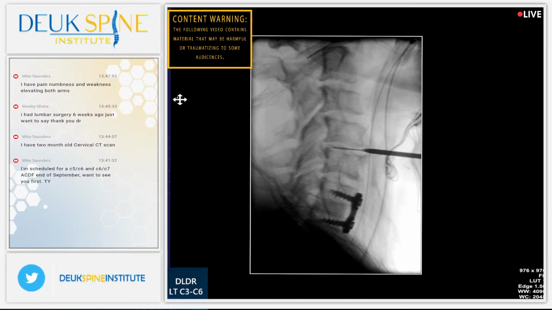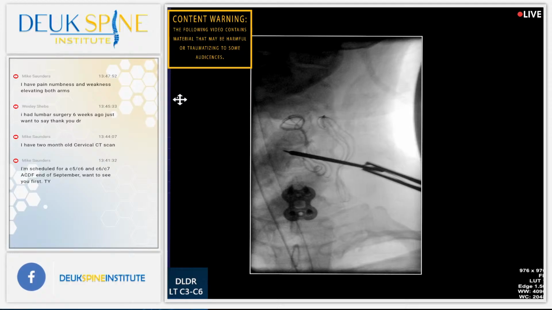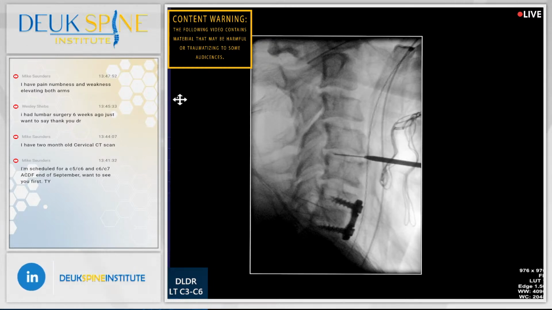There's a comment from Mike once more saying, I have pain, numbness, and weakness elevating both arms. Yeah, Mike, I wish I knew what was wrong, buddy, but elevating your arms is unusual. I want to make sure you don't have a shoulder problem, right?